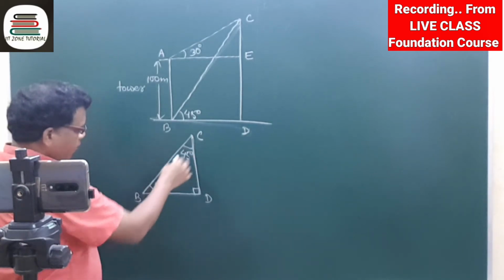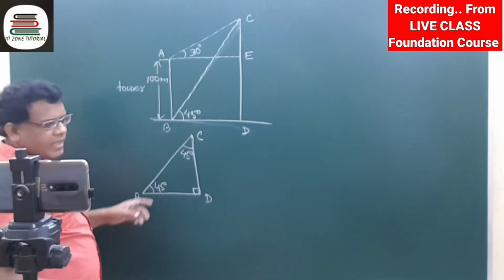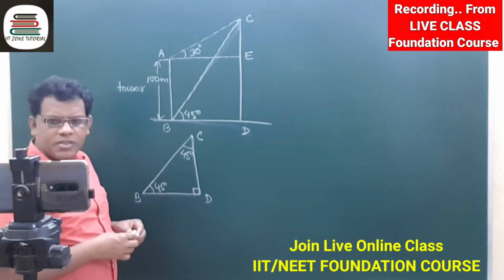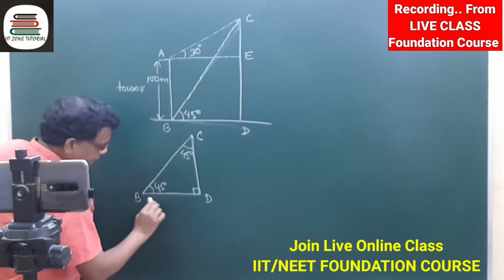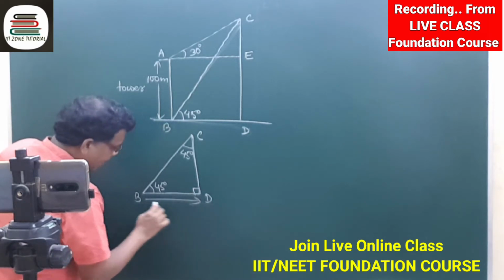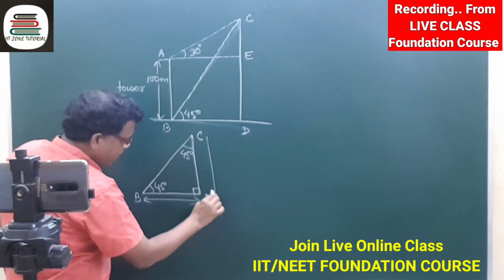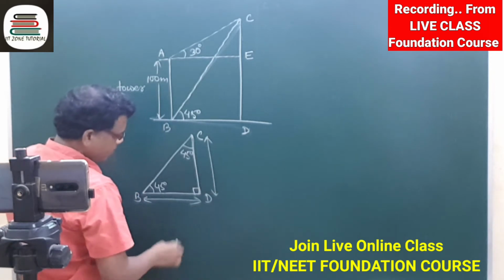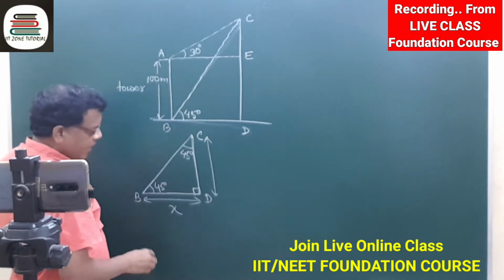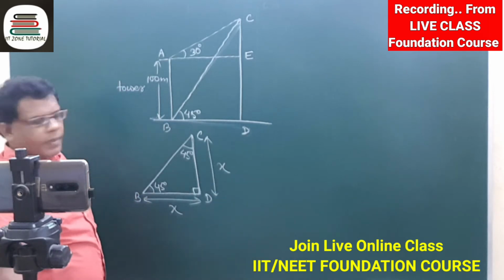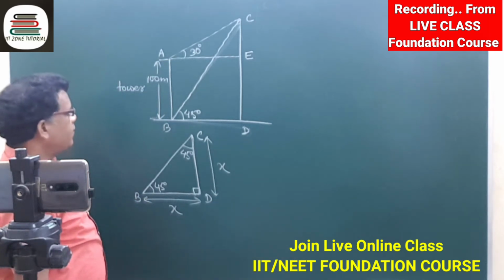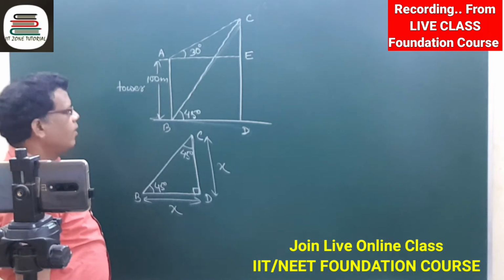If these two are 45 degree each, then obviously it is a right angled isosceles triangle, and then this side and this side must be the same in length. If this is taken as x, then obviously this will also be x. Got my point? Okay, fine.